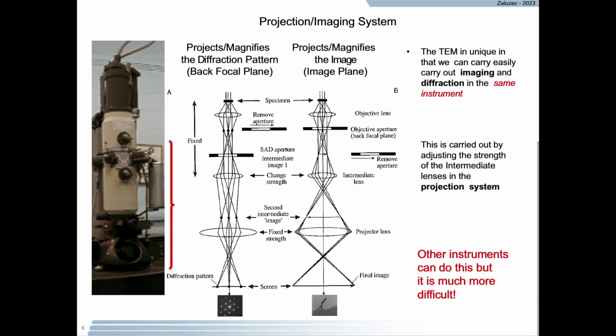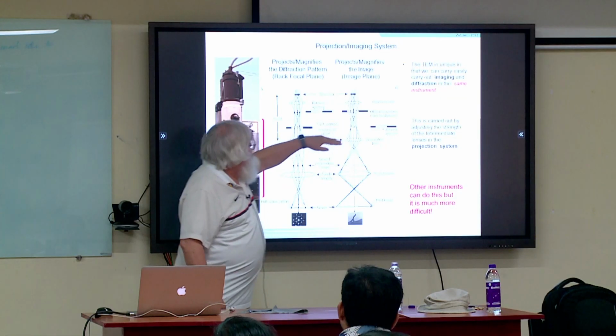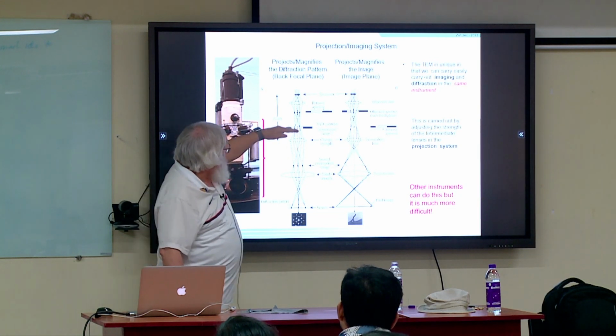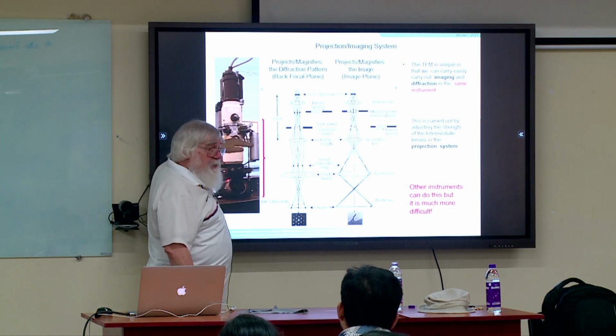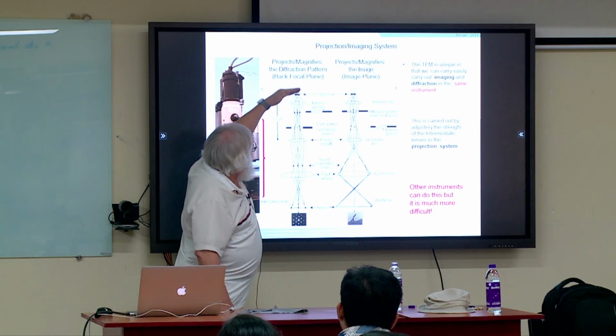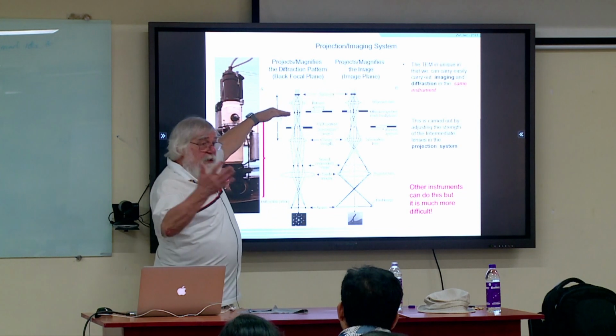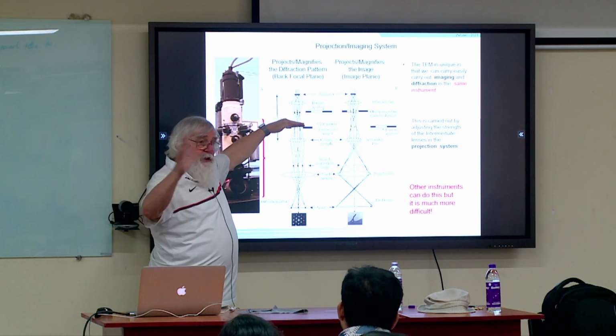Okay? So if I draw the optics of it, so our sample's sitting there, okay? We have a series of lenses after the sample. So we've got the objective lens that surrounds the sample. That's basically here, it's the objective lens. The objective lens doesn't change when we go between imaging and diffraction.